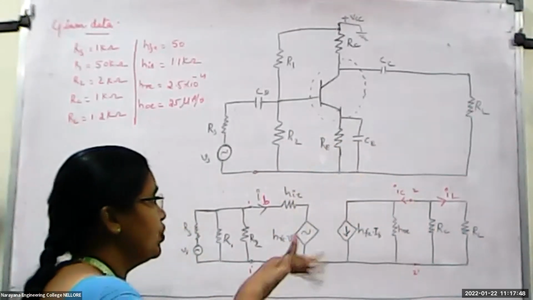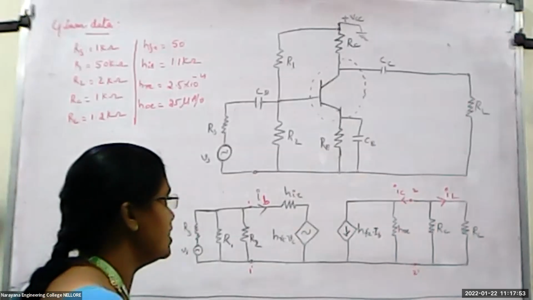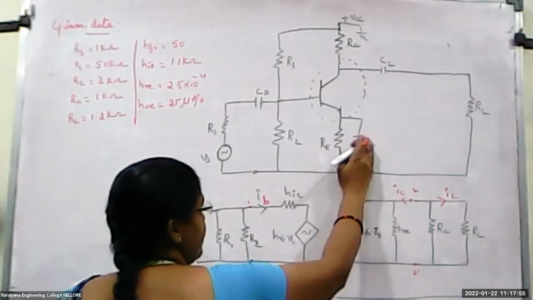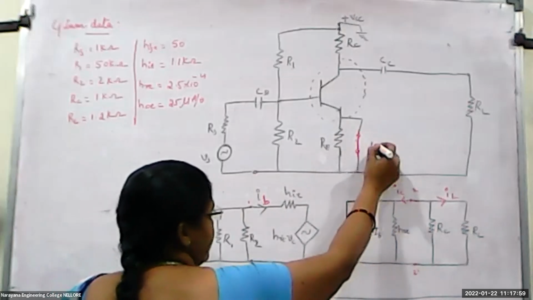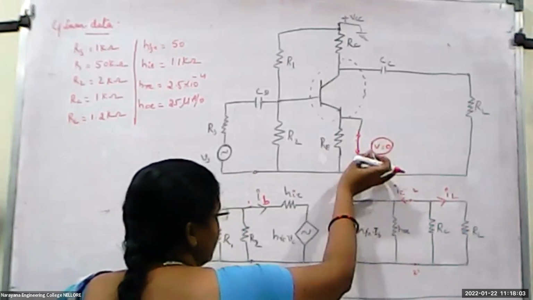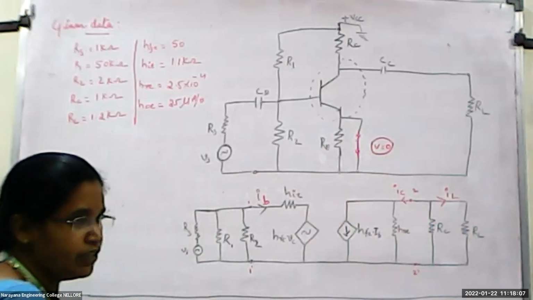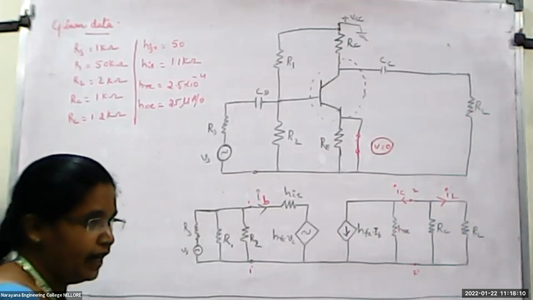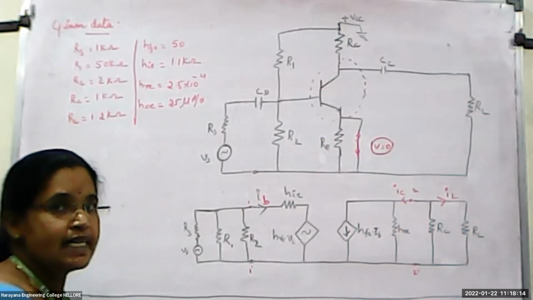Second step is to short circuit all the capacitors. Short circuiting all the capacitors means this capacitance will be short circuited. Capacitor short circuited means here there is a voltage of 0. Voltage will be equal in parallel resistances. Current is common in the series.